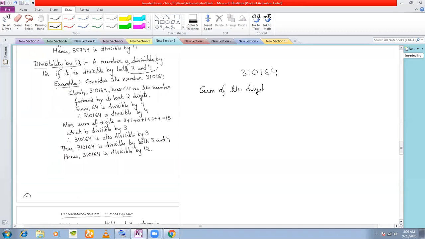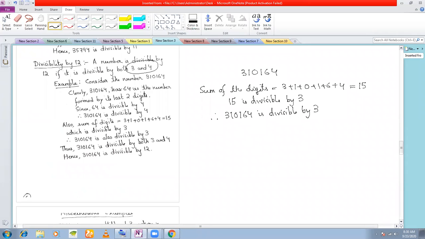The sum of the digits here is 15. 15 is divisible by 3. Therefore, 310164 is divisible by 3.